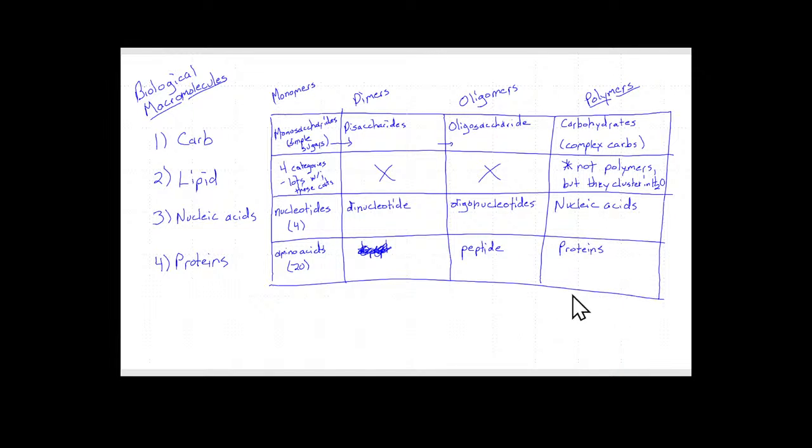Now for proteins, the final biological macromolecule that we'll dig through in this lab. The building blocks, or the monomers, for proteins are called amino acids. There are 20 different amino acids that we will discuss. A dimer of amino acids is a dipeptide. An oligomer is a peptide.